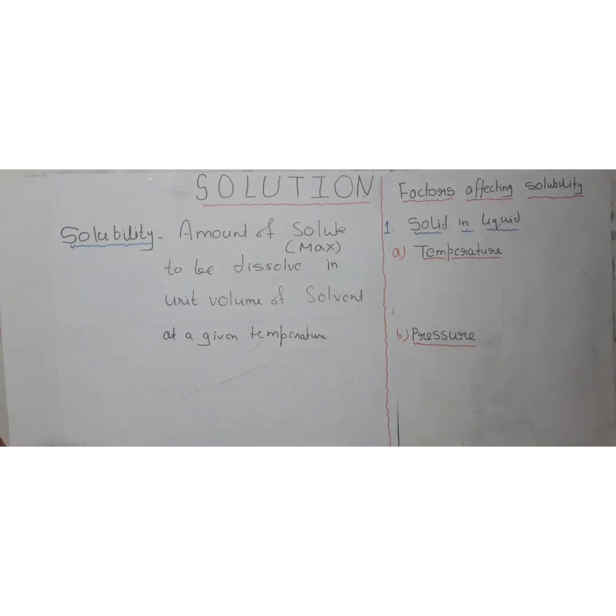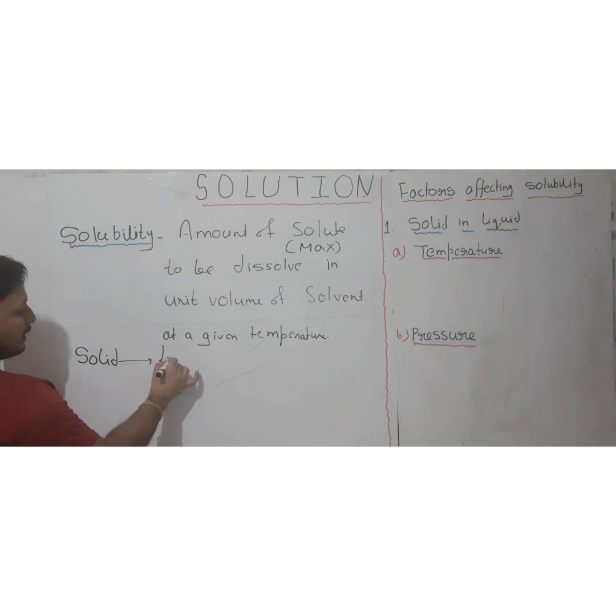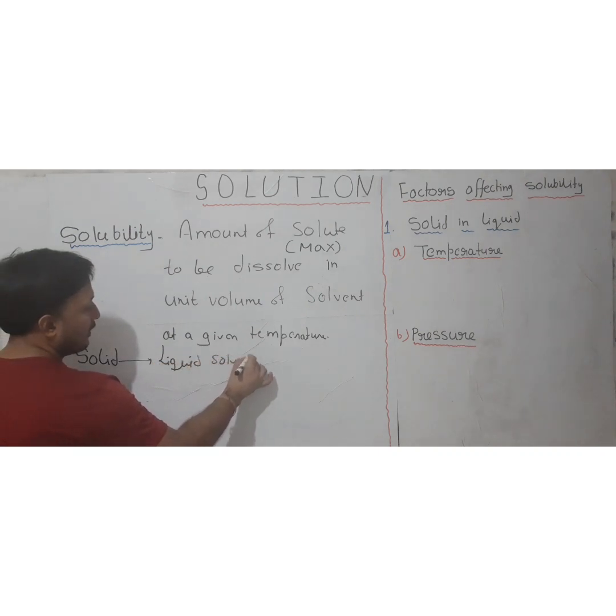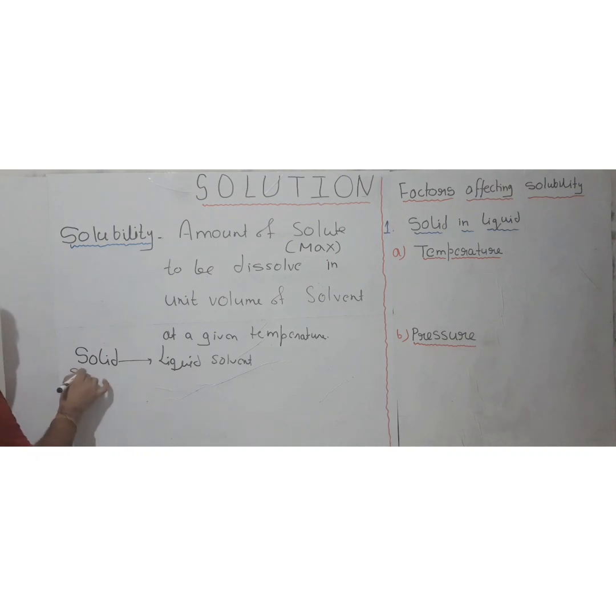Now solubility can be of different types, like the solid substance can be dissolved in the liquid solvent. Okay, when I am saying solid substance, I mean the solid solute. If a solid solute can be dissolved in a given amount of the liquid solvent, that may also be considered as solubility.